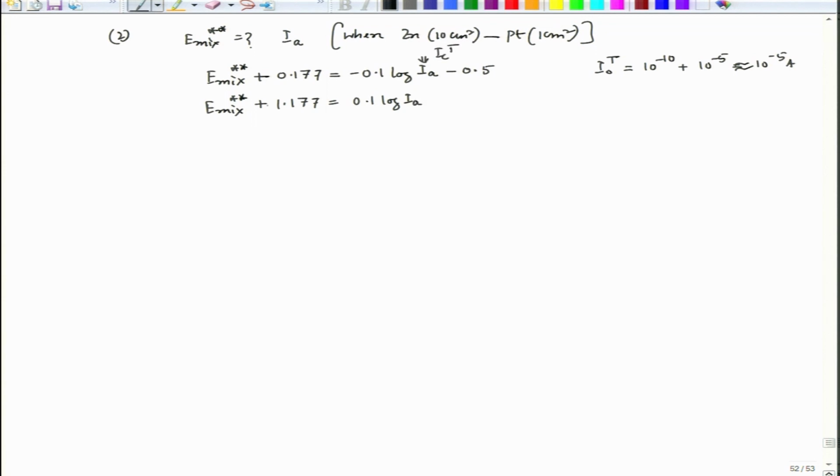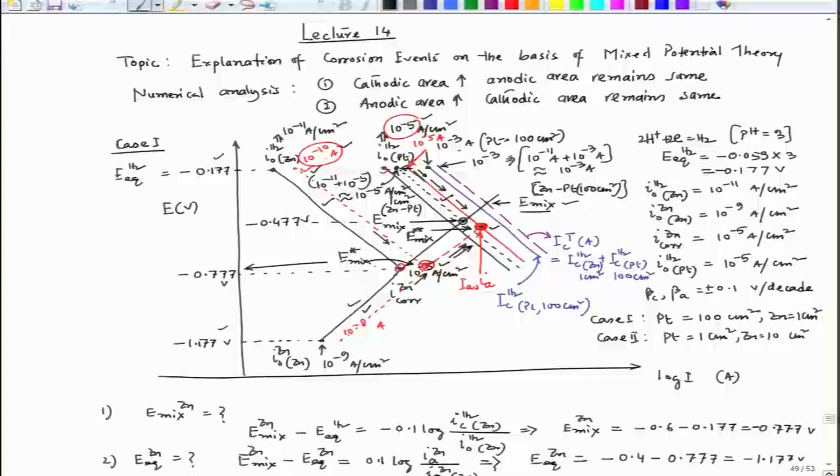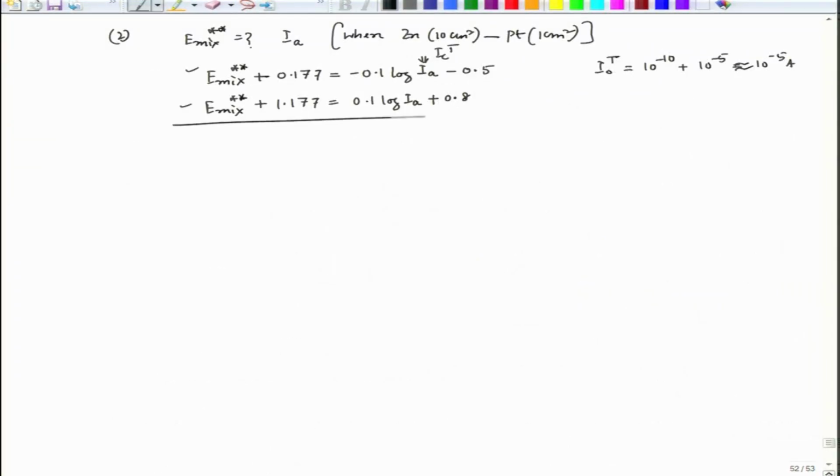This is in the anodic part, this is the cathodic part, plus 0.8, because here I have to consider this line. So, here the point has changed to the minus 8. If we add them, plus 1.354 equal to, this 2 would get cancelled. So, this becomes 0.3.